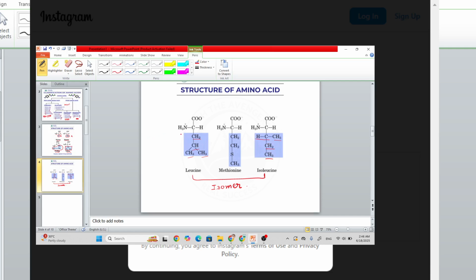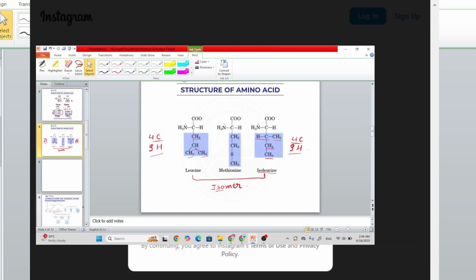If we count, there are four carbons and nine hydrogens. So both have the same molecular formula and the same number of atoms, but their structures are different. That's why it is known as isoleucine, the isomer of leucine.